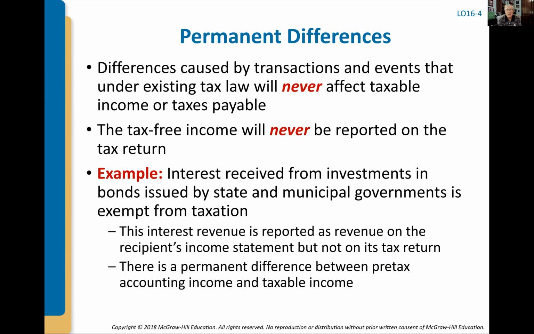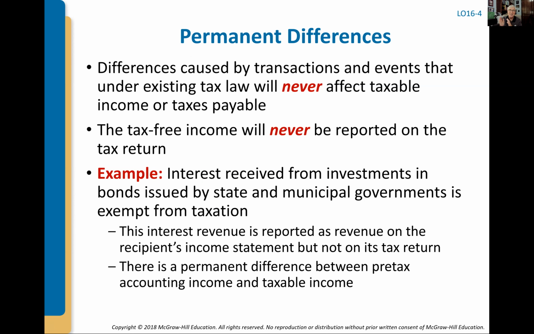Okay, next topic, permanent differences. There are transactions that will never be taxable or never be income. Or vice versa, there may be some tax-free income that will never be reported on the tax return, like interest received from investments in state municipal bonds. There are some things that will never reverse.